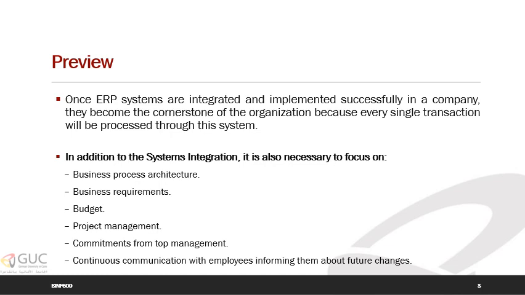That's why it's important to concentrate on systems integration besides focusing on business process architecture, business requirements, budget, project management, commitment from top management, and finally, continuous communication with employees about future changes.